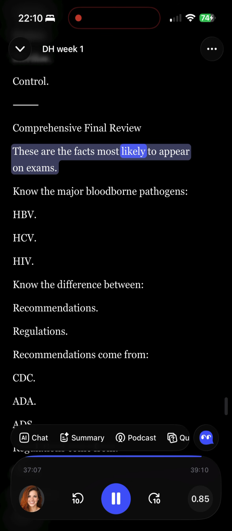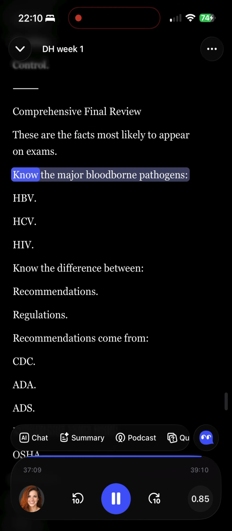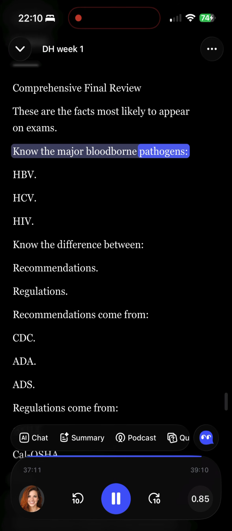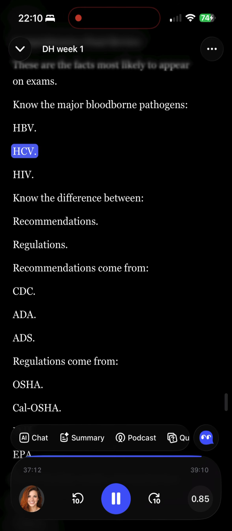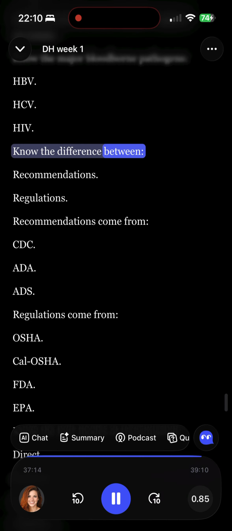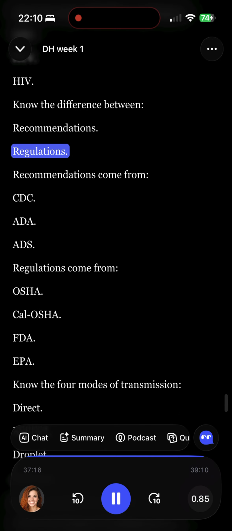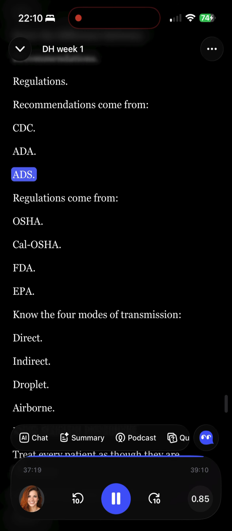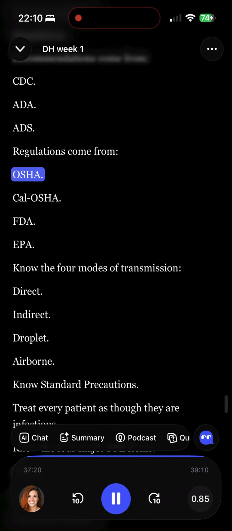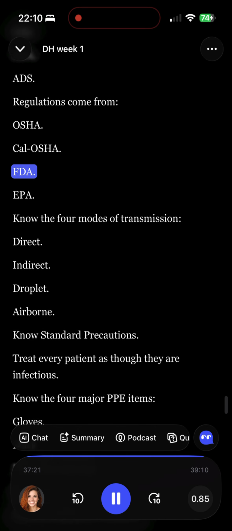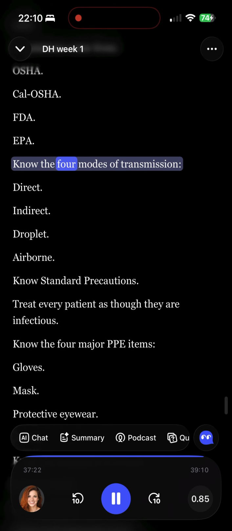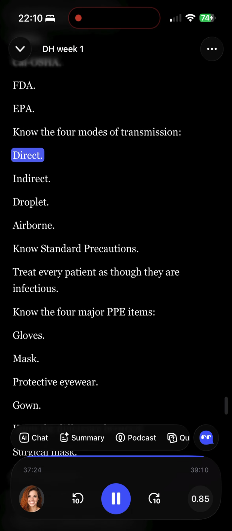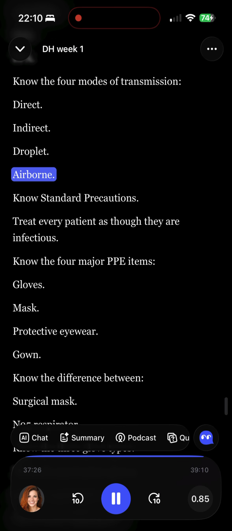These are the facts most likely to appear on exams. Know the major bloodborne pathogens: HBV, HCV, HIV. Know the difference between recommendations and regulations. Recommendations come from CDC, ADA. Regulations come from OSHA, Cal-OSHA, FDA, EPA. Know the 4 modes of transmission: direct, indirect, droplet, airborne.